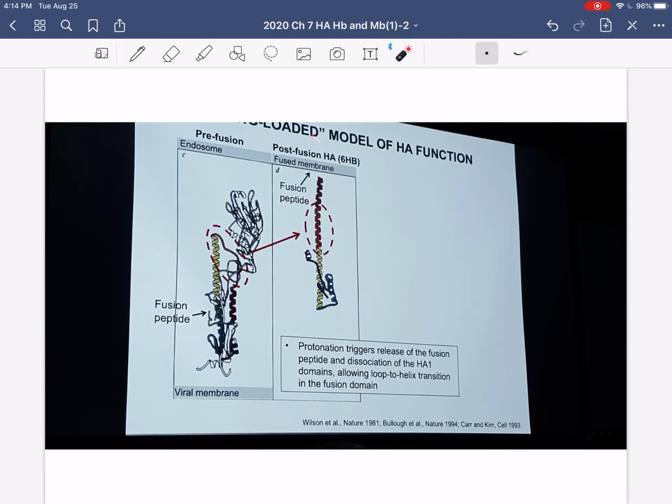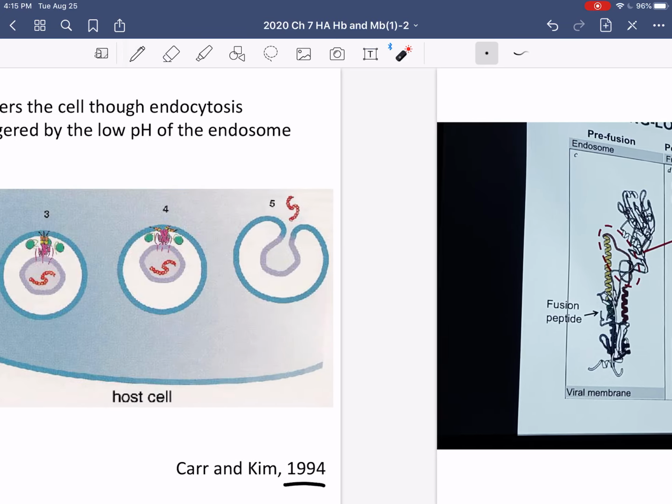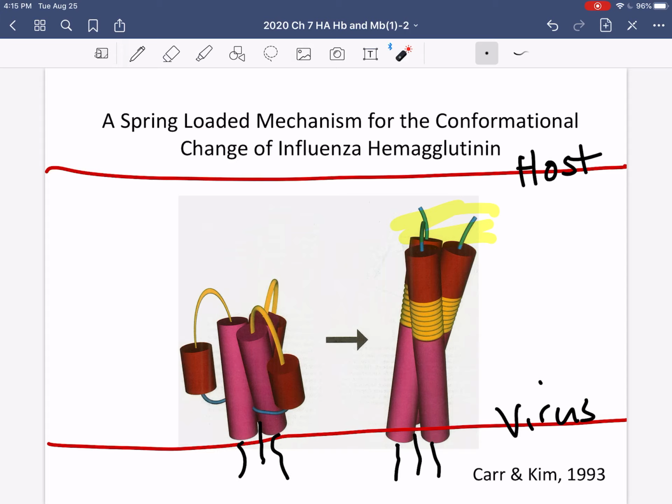And we were using a training and a test set, and hemagglutinin was in the training set. And so we knew it had that coiled coil, but when Brad pointed out that the highest scoring region was this yellow region here, I told him I was going to have to check his math. So I did it by hand. I calculated the propensity for this region to form a coiled coil.